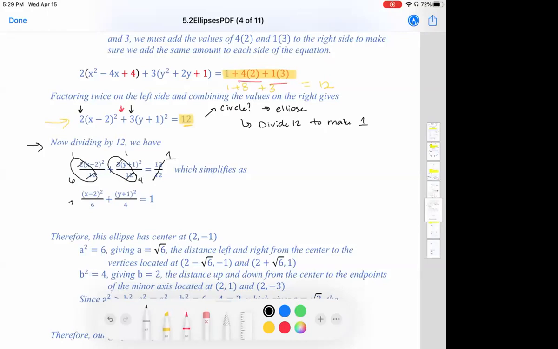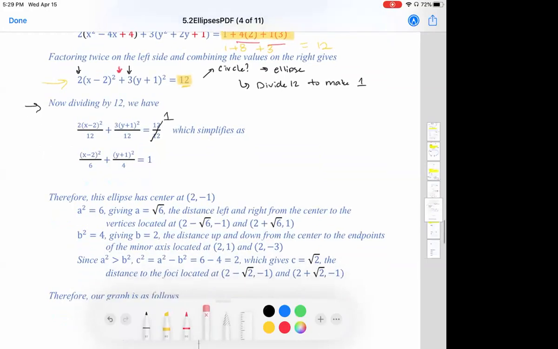Essentially, you're going to make that numerator and the number in the front a 1. And now we have our goal. We have a standard equation of an ellipse. And that's exactly what we wanted.